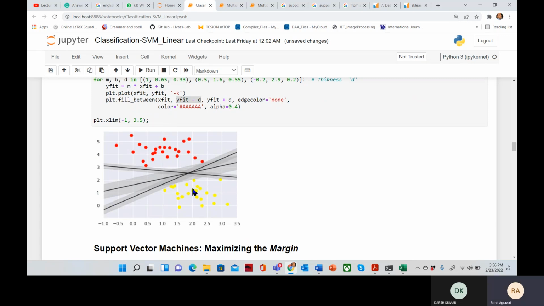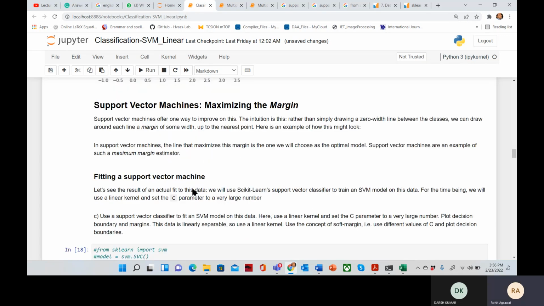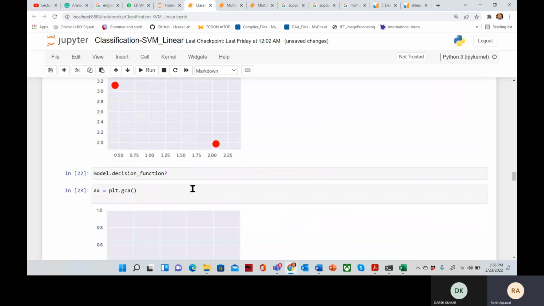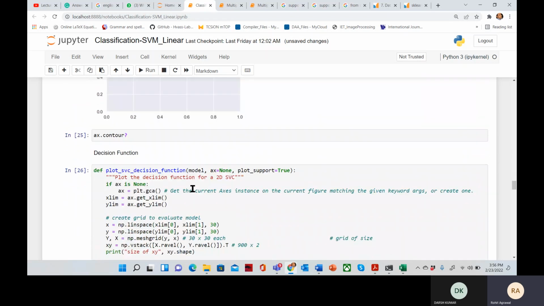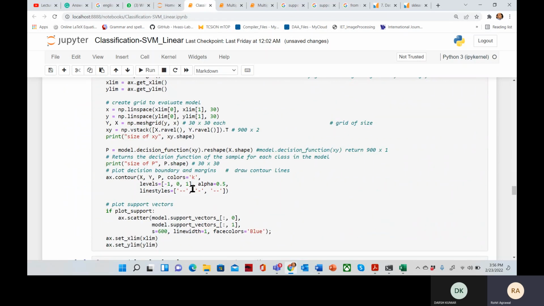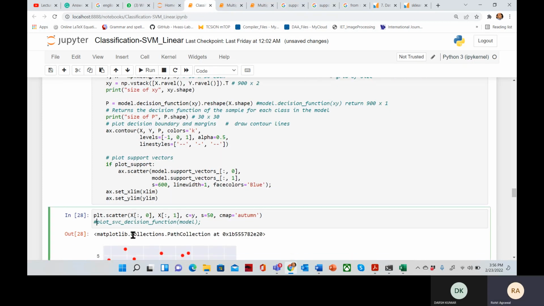Yes, sir. Now this time we are using a support vector machine to plot this decision function, or decision boundary.